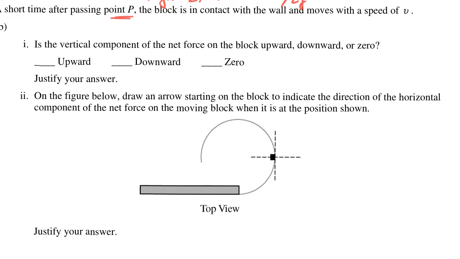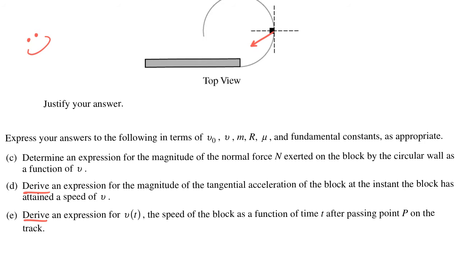All right. So on the figure below, draw an arrow starting on the block and indicate the direction of the horizontal component of the net force acting on the moving block when it's at that position. So I'll take a minute and ask for this, the expression for the normal force. Net force has to equal ma.